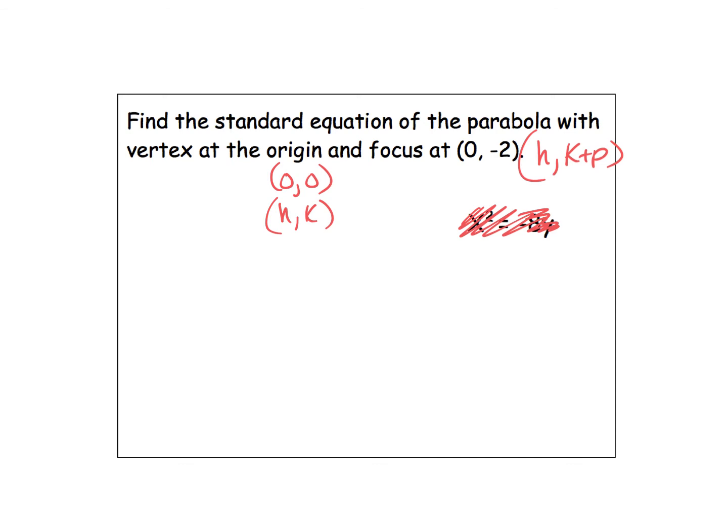It doesn't really matter there. In this case, I can acknowledge that it is a negative. But what I'm also acknowledging is that that is a vertical change. So if it's a vertical change, then I must have a vertical axis of symmetry, and therefore I must have my normal y equaling x squared parabola.